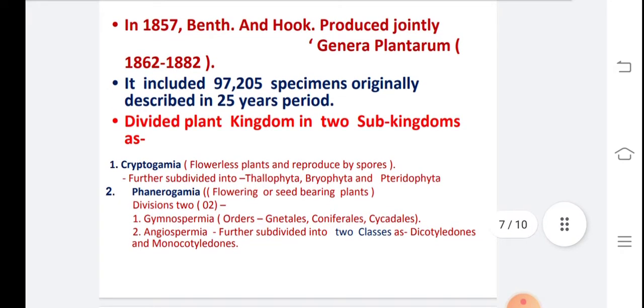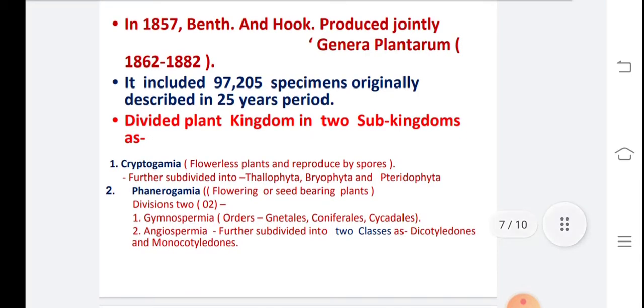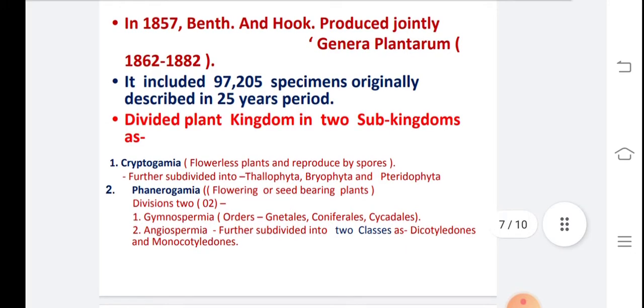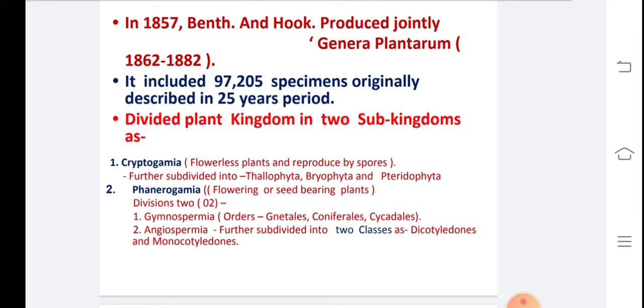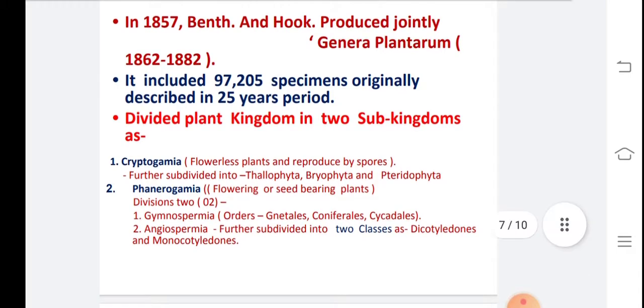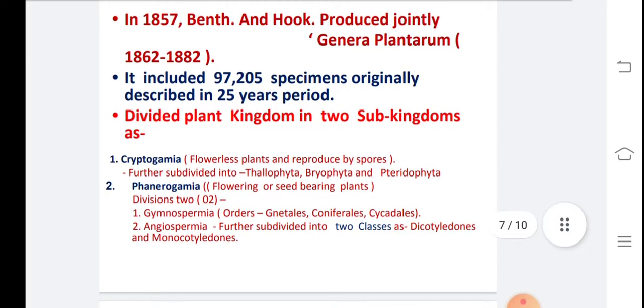Then Phanerogamia, flowering or seed bearing plants, divided into 2 divisions. One is the Gymnospermia and the second one is the Angiospermia. Gymnospermia is classified into orders Gnetales, Coniferales, Cycadales, and Angiosperms are further divided into 2 classes we know, Dicotyledons and Monocotyledons.